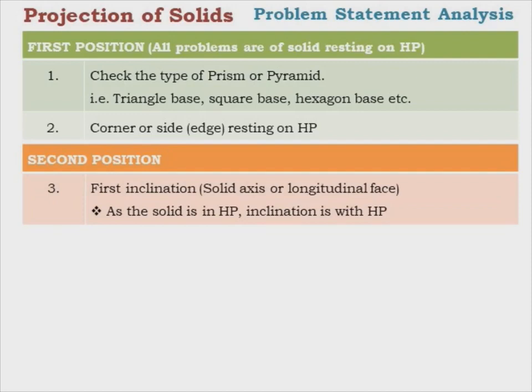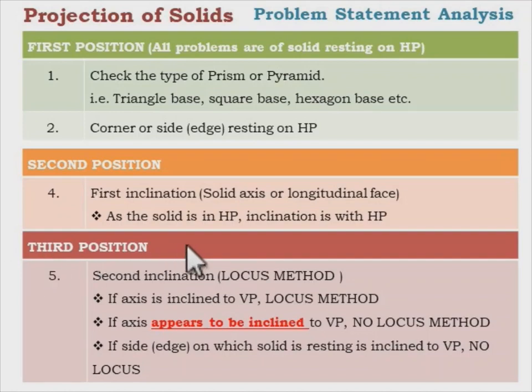For second position, since the solid is resting on HP, the first inclination is taken with HP. Usually, the solid axis or longitudinal face is given the inclination with HP. In third position, where we consider the second inclination, we also decide whether a locus method is to be used or a no locus method is to be used.